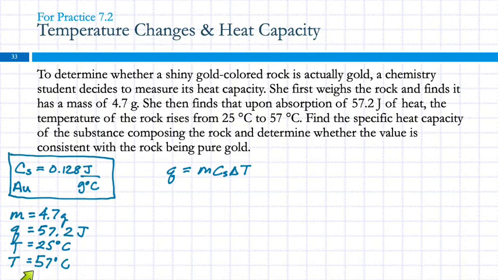So we need to identify what these are. And here the words tell us. It goes from 25, so that's the initial, to 57, that's the final. So initial is 25, final is 57.